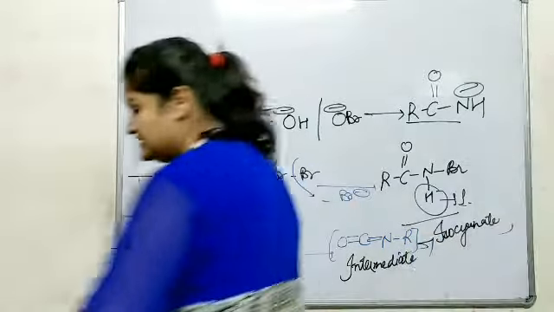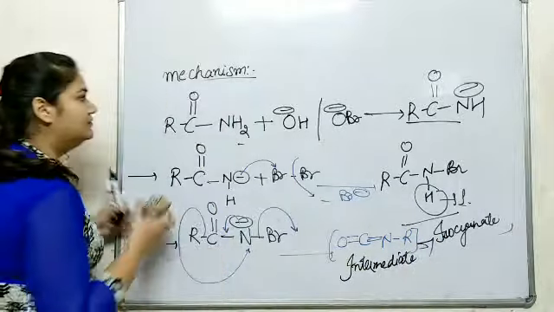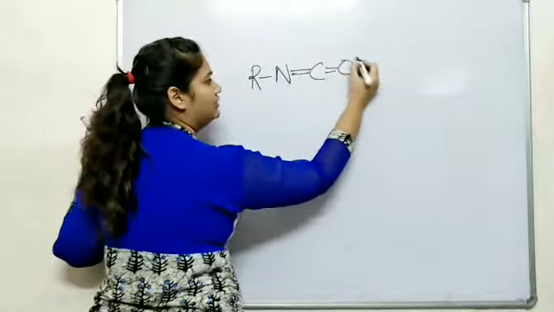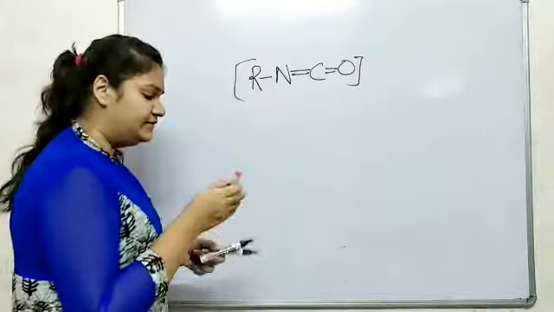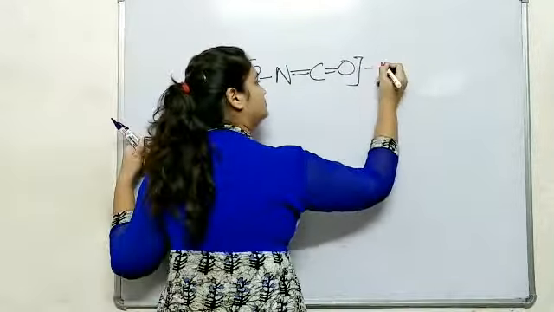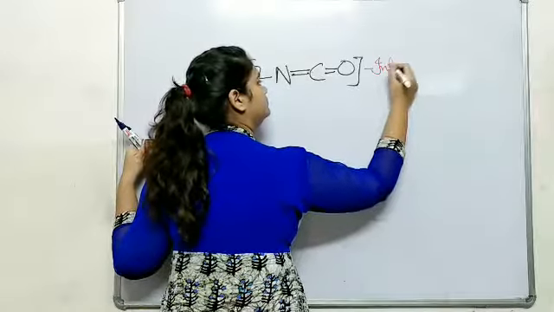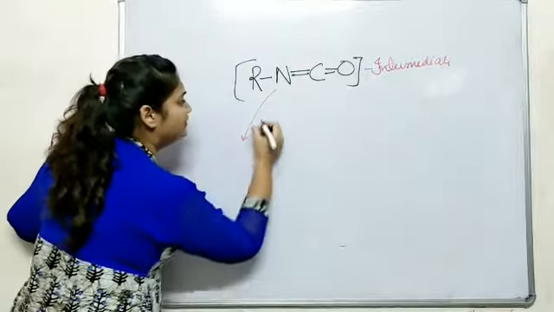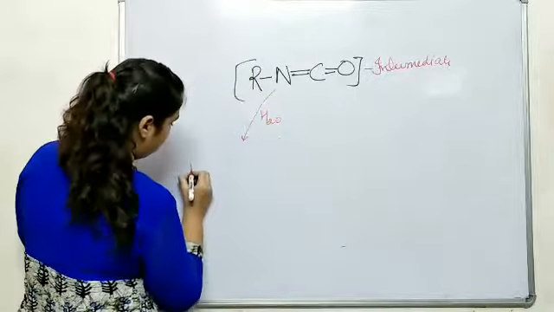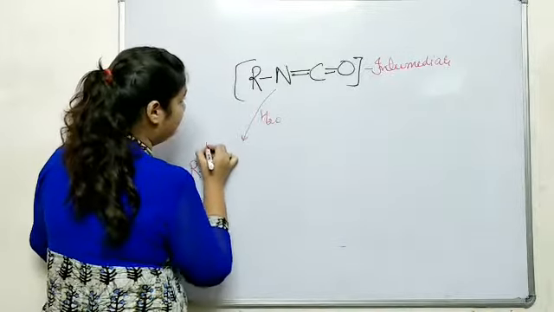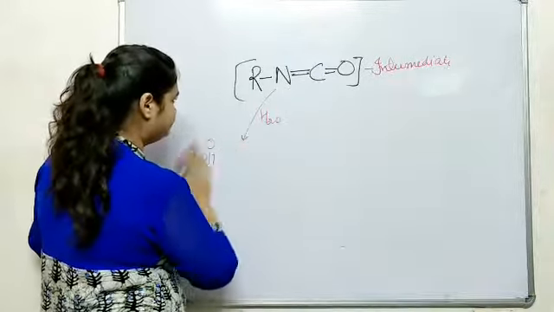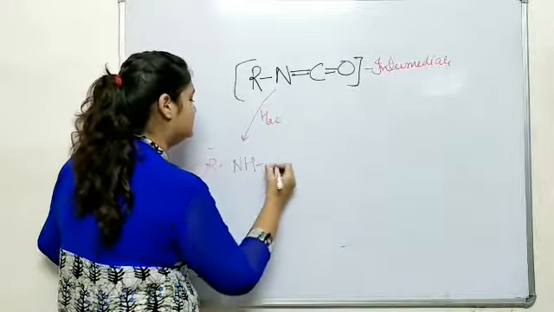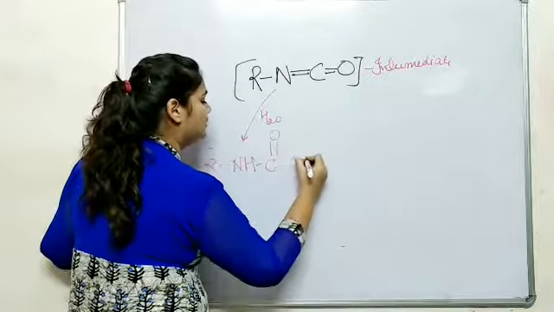Now what will happen when this isocyanate gets treated with water? R N double bond C double bond O, is this our intermediate? When treated with H2O, we get R NH C double bond O OH.